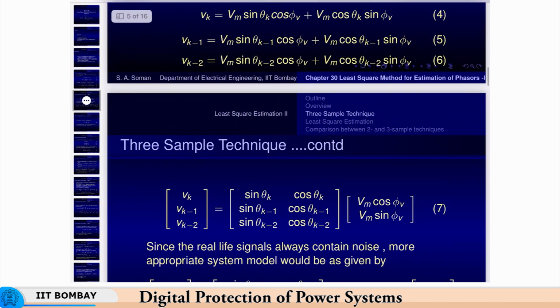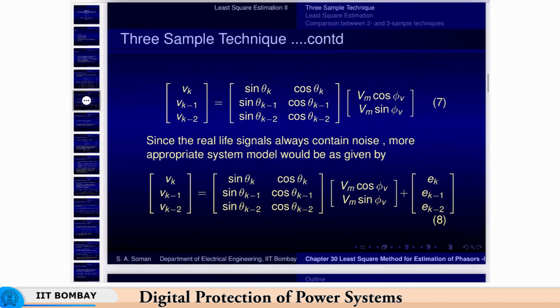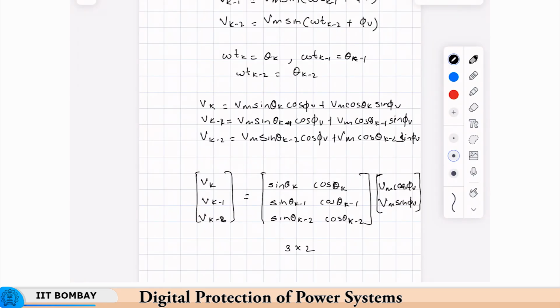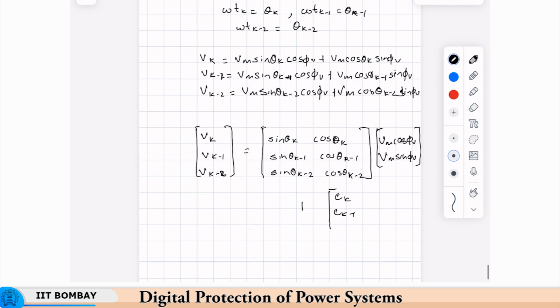One more thing is, since we are now talking of noise, the model that we wrote is actually an inexact model, because there is noise. So there will be some noise term also here. We have to be accurate, so we will have noise here also, which we will represent as Ek, Ek minus 1 and Ek minus 2.